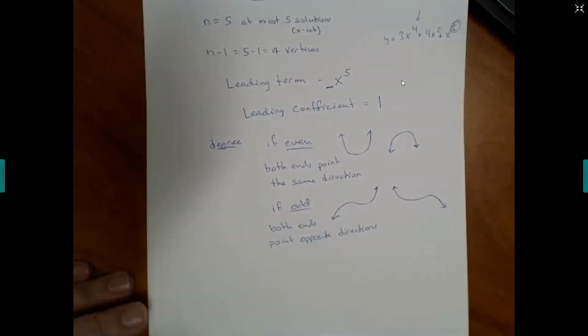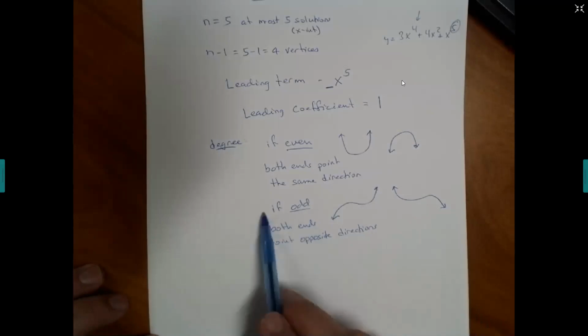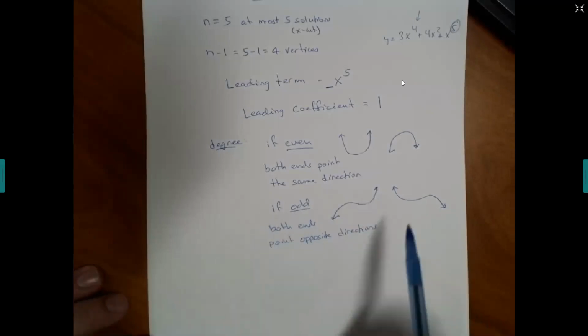So if the degree is even, both ends are going to point the same direction, either up or down. If the degree is odd, then they point different directions.